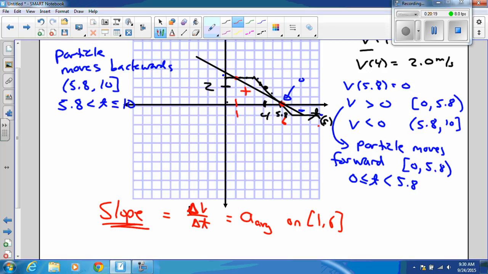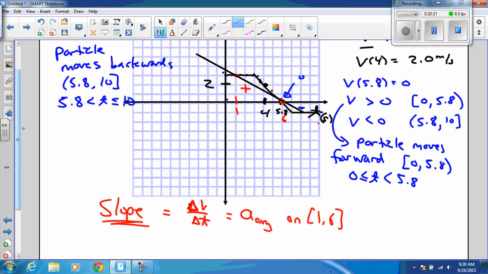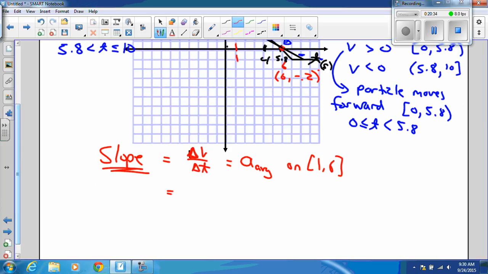And now I can just compute that the same way that we would any other slope. I go to point 1, which is point 1 comma 3, and I go to the point 6, which is 6 comma like negative 0.2, something like that. And I do final minus initial. Please notice that the final one is always the one furthest to the right because it is later in time. And that gives me negative 3.2 divided by 5. And the units come straight off the axes.